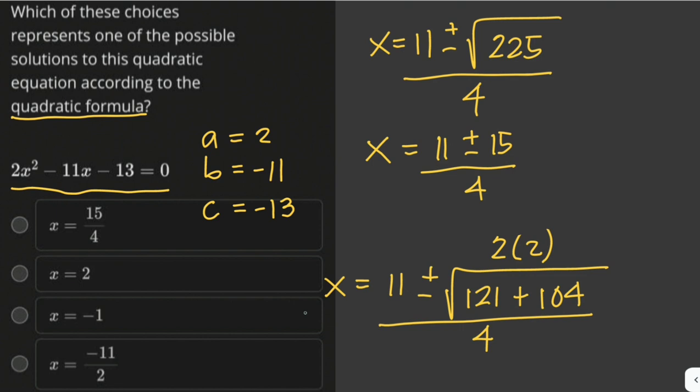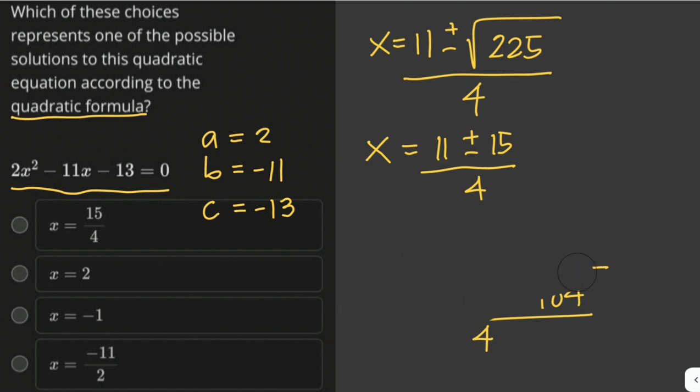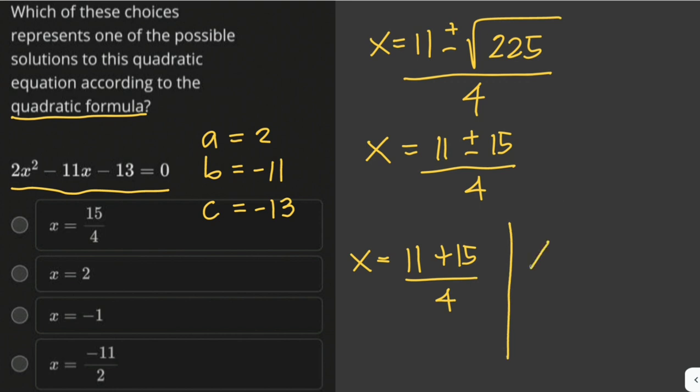Now we have the values of our x, or the possible solutions to the given quadratic equation. So we have x equals 11 plus 15 over 4, or x equals 11 minus 15 over 4.